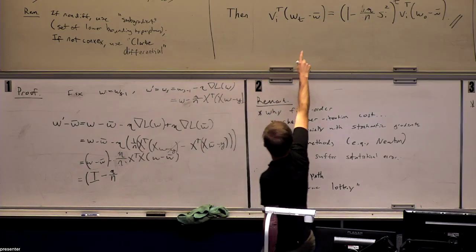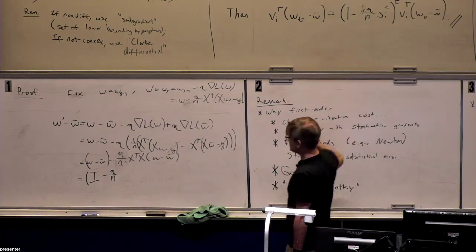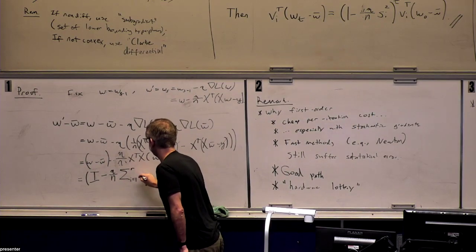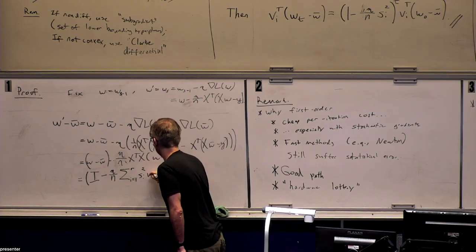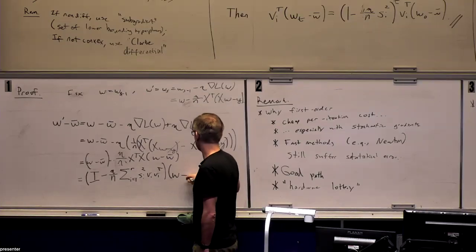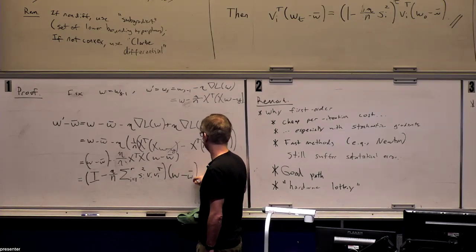If I take the SVD and multiply it by its transpose, I get this quantity, and then W minus W bar.